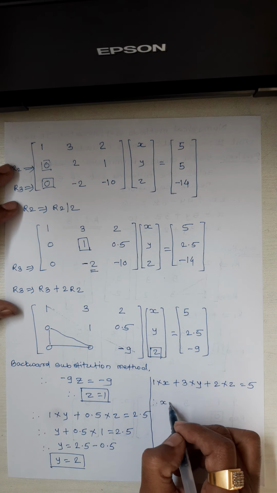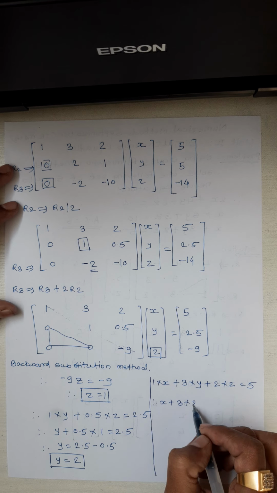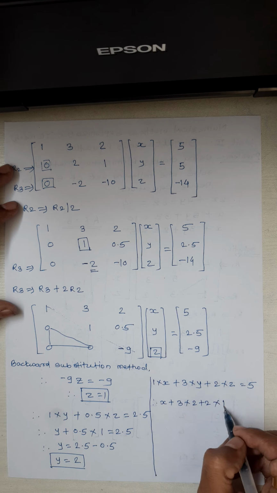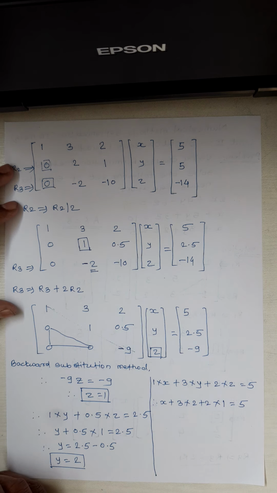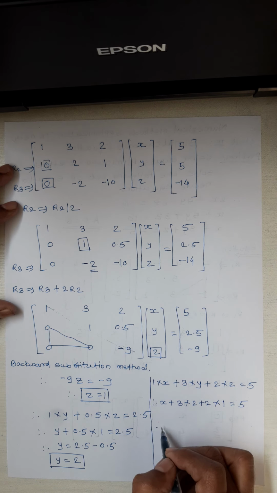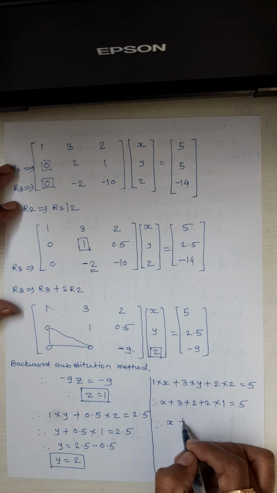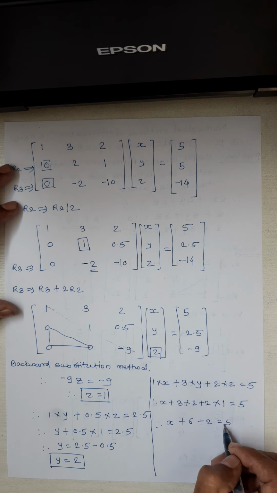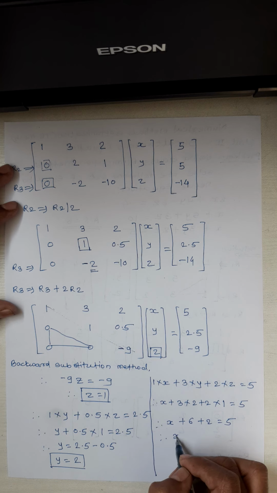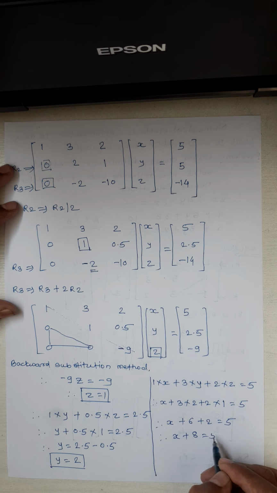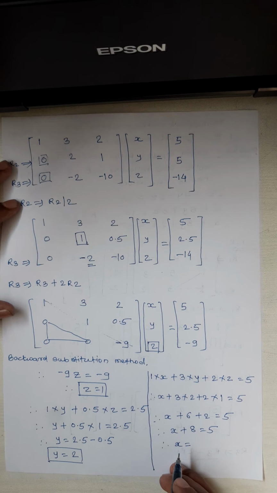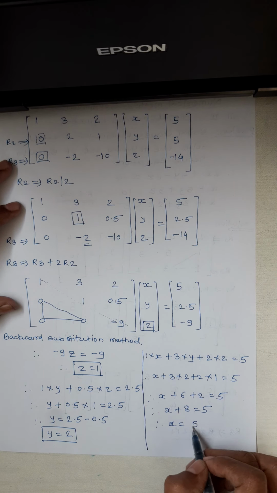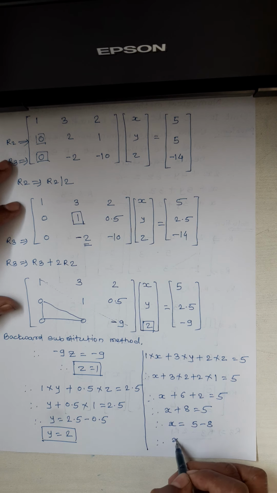Here therefore x plus 3 into 2 plus 2 into z is 1, that is equal to 5, means x plus 6 plus 2 is equal to 5, means x plus 8 is equal to 5, means we will get x, that is 5 minus 8, means x is equal to minus 3.